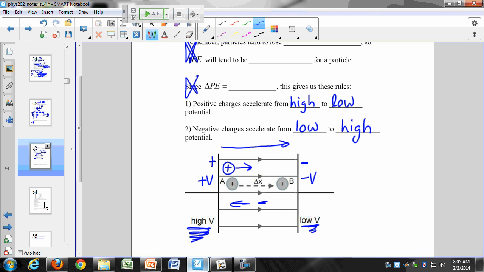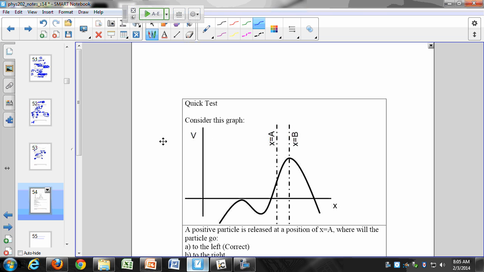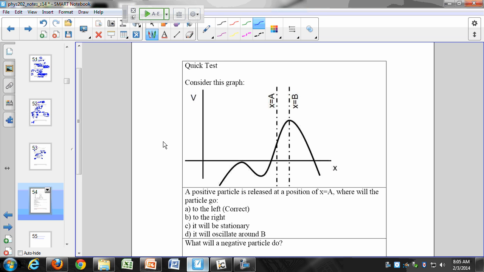Let me show you. Say I set up this potential in the lab, and I release a positive particle at x equals a. The answer is it's going to move to the left.